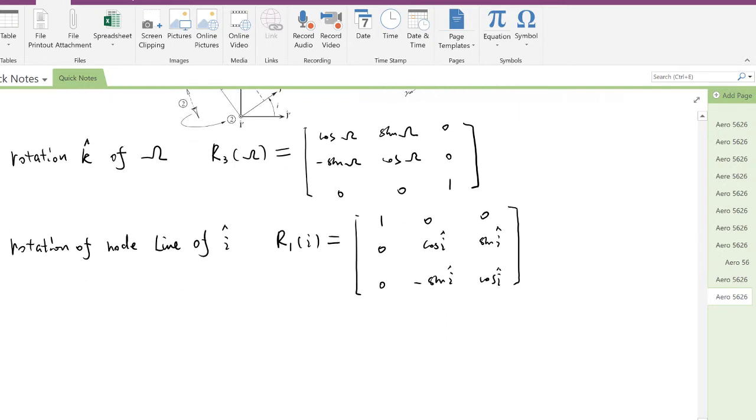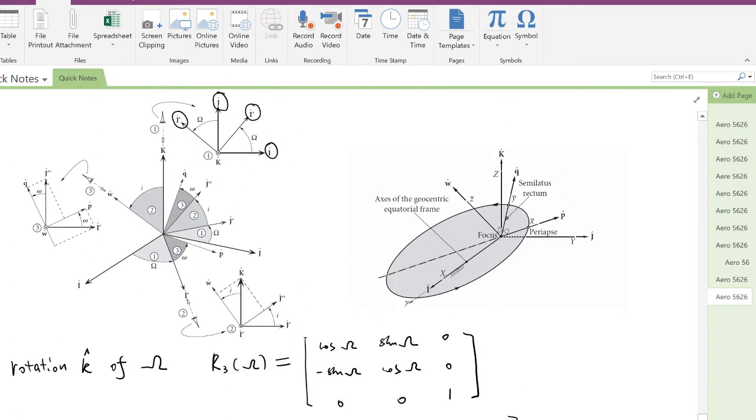The last rotation is also the third rotation, in the orbital plane, and rotates the unit vectors I prime and j double prime through the angle omega, as you can see from this. That's the last rotation.